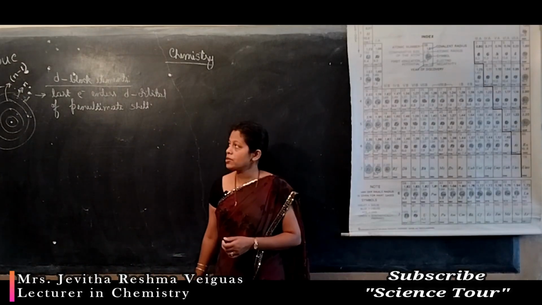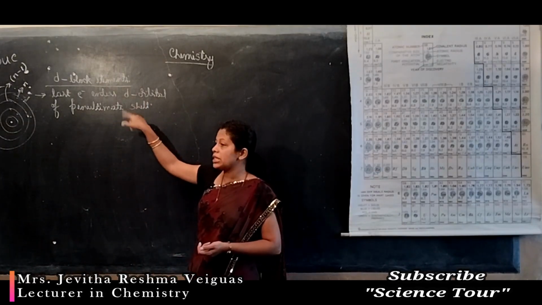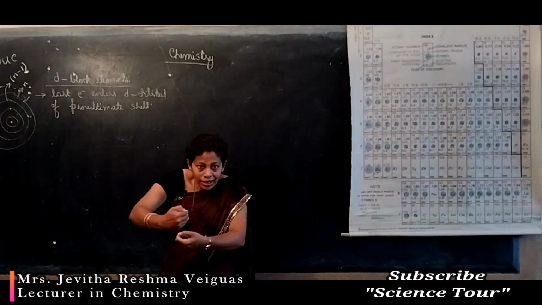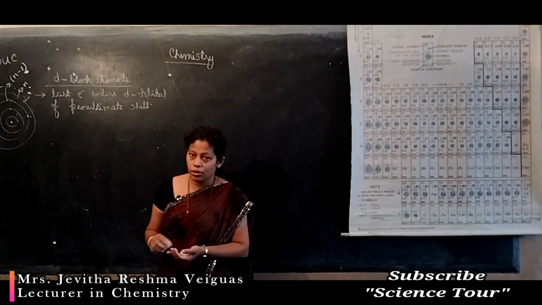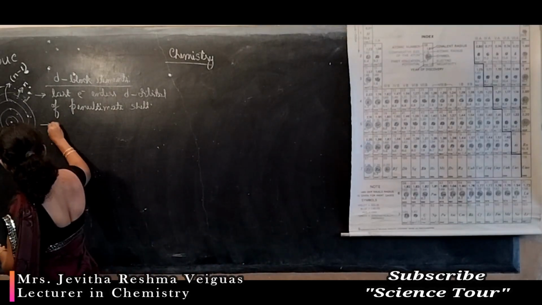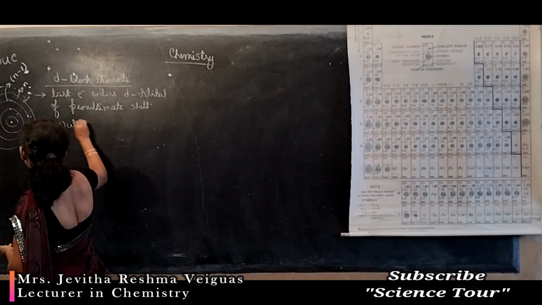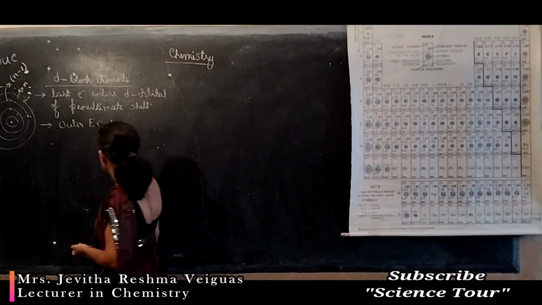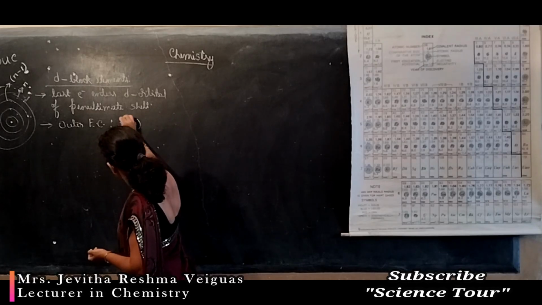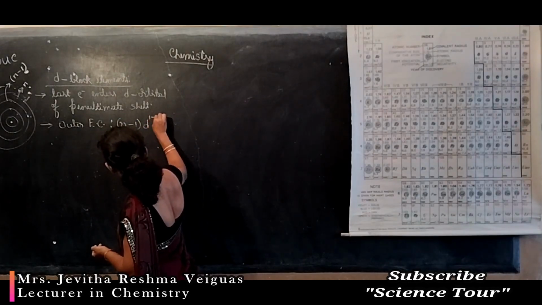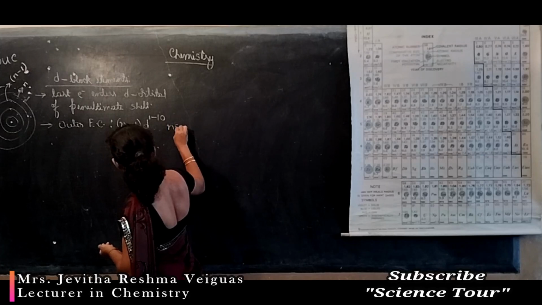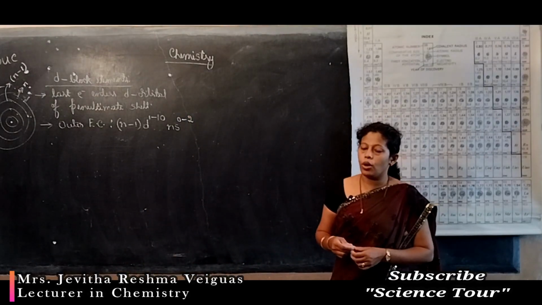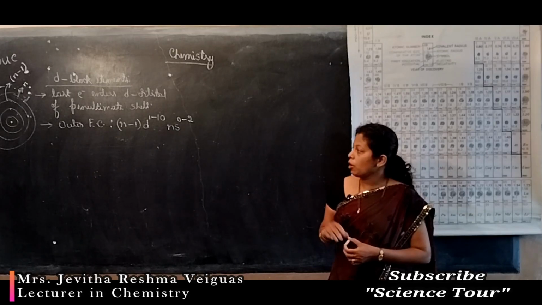So in D block elements, the last electron enters a D orbital of the penultimate shell, one shell inner to the valence shell. So these elements have outer electronic configuration (n-1)d1 to 10, ns0 to 2.